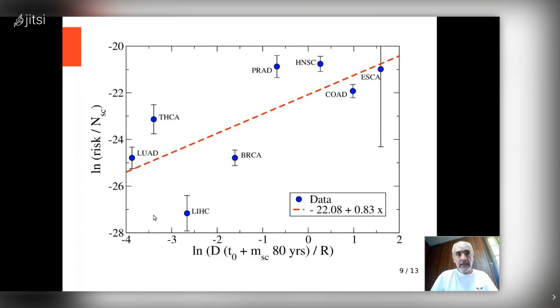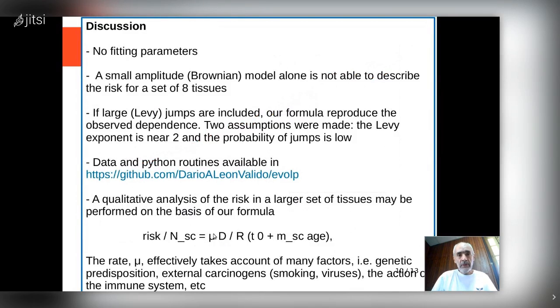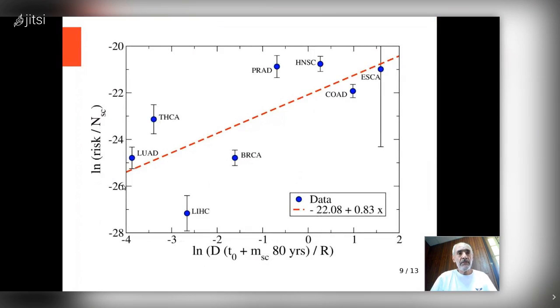We understand that these deviations from the fit are mainly due to the fact that we assume that the probability for the risk is more or less the same for all tissues.